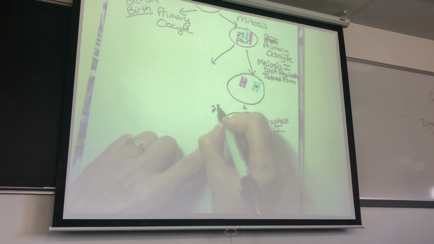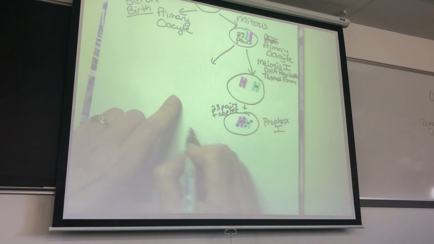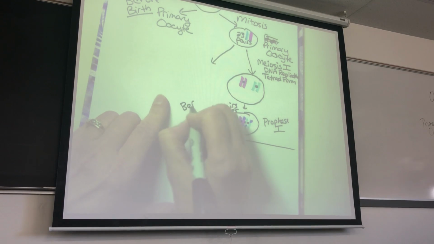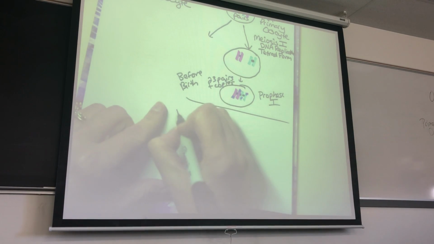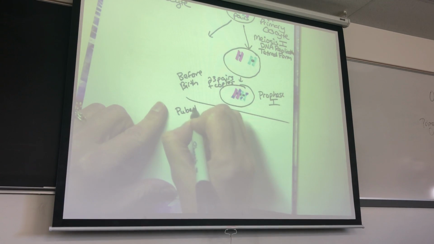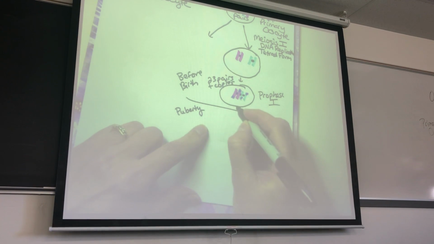It's 23 pairs plus their copies. But this is all before birth. And it's stuck there. Okay, then she hits puberty. Right, puberty. And in puberty, meiosis 1 finishes.